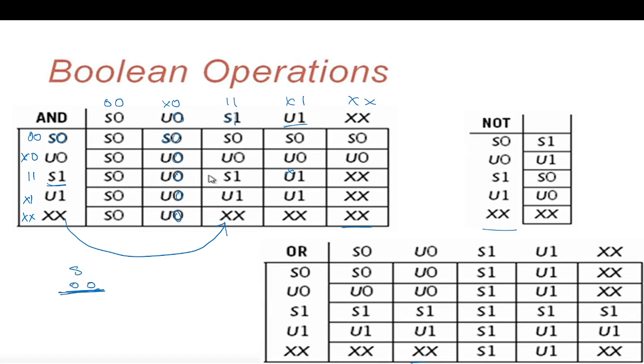It is 0 0, it is strict 0. This portion we don't know, and this is 1, so we call this u1. Again, this first vector we don't know, and this is 0, we call it u0. If we don't know both the vectors, it is the don't care condition.